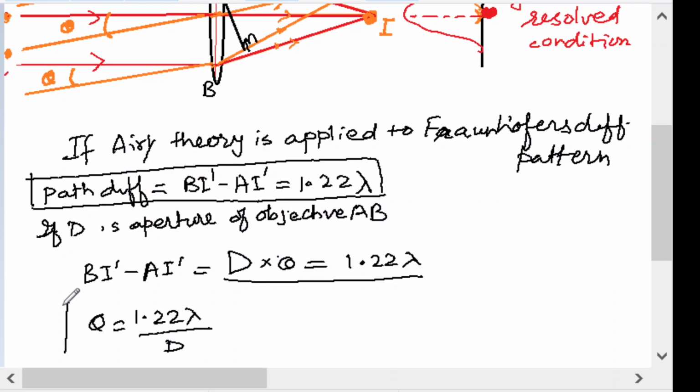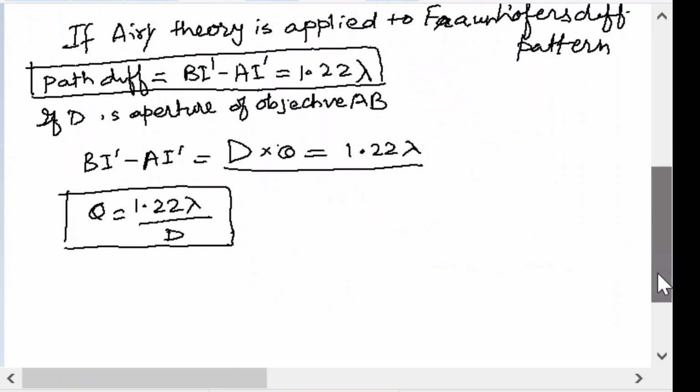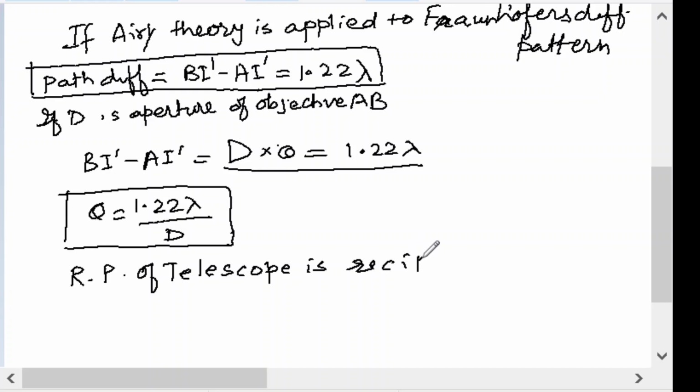So this is nothing but the angular separation we got, and by definition of resolving power, we know that the resolving power of a telescope is the reciprocal of theta.